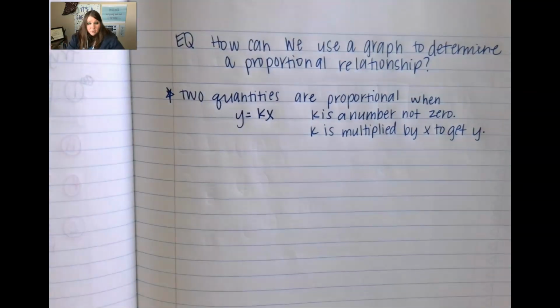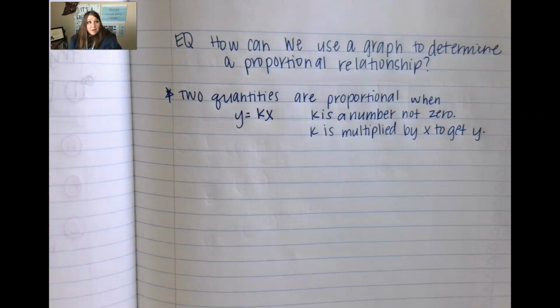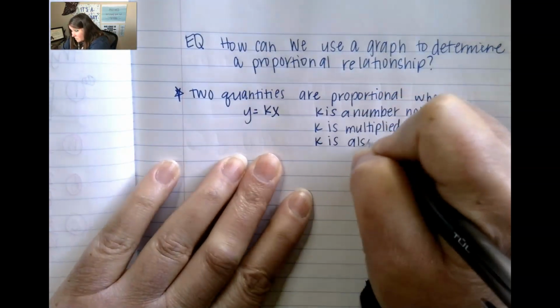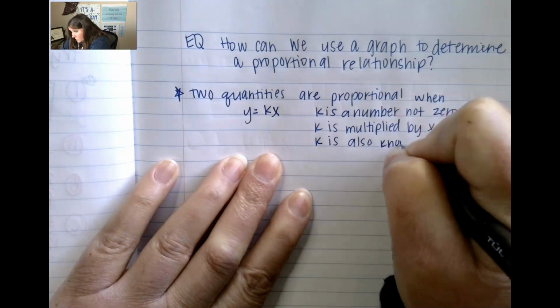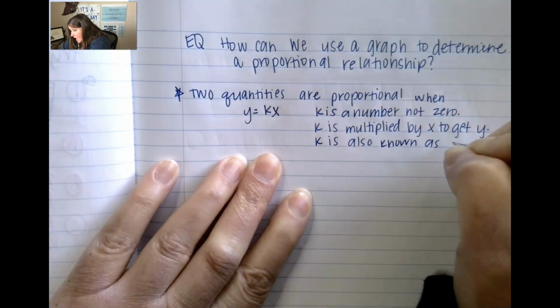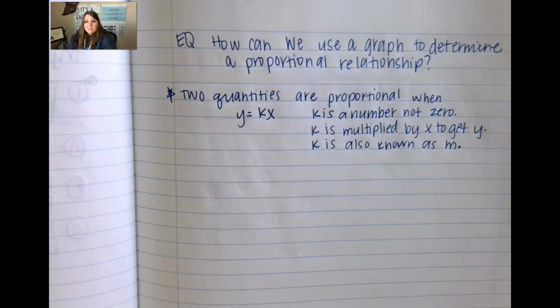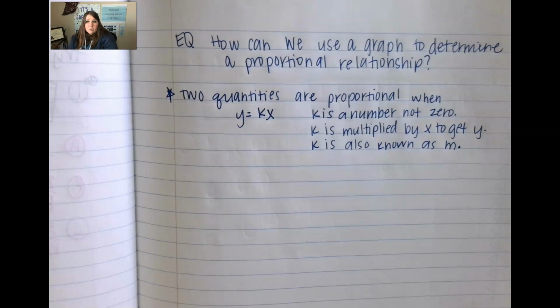All right, now here's the other thing. Next year when you become 8th graders, and maybe even sometime this year, k is also known as m. K is also going to be known as m. So next, maybe when we start doing slope. But for now, k is just a placeholder.